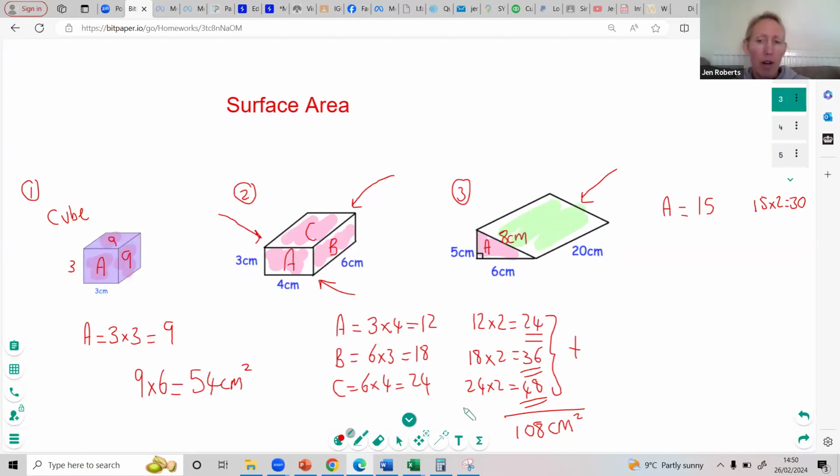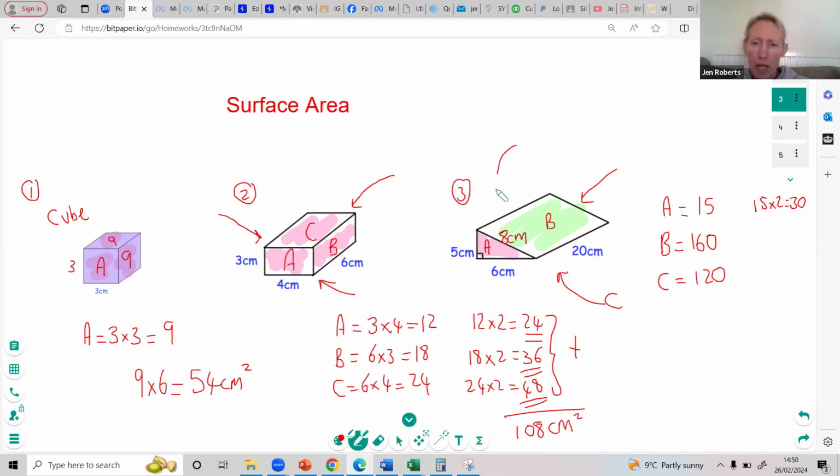What's the area of this rectangle? Base times height. The base is 20. Height is 8. 20 times 8 is 160. Now let's have a look at this rectangle at the bottom you can't see. The base of that rectangle is 20. You can see the height 6. So 20 times 6, 120.